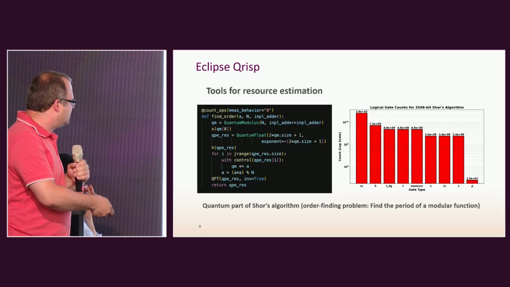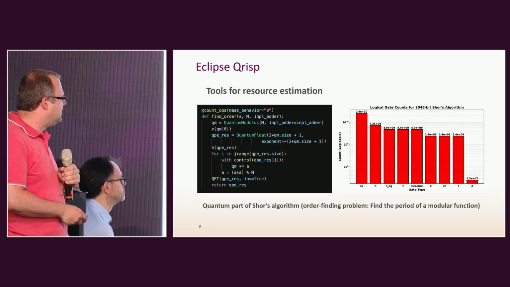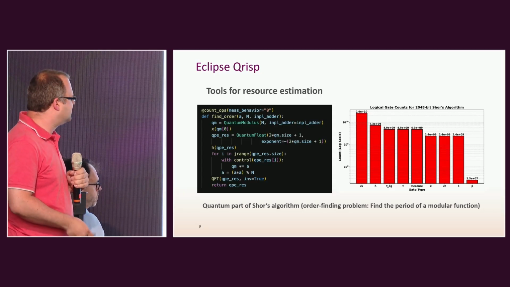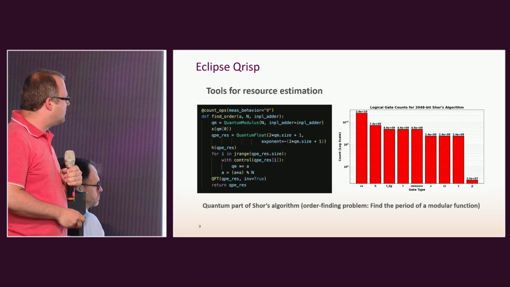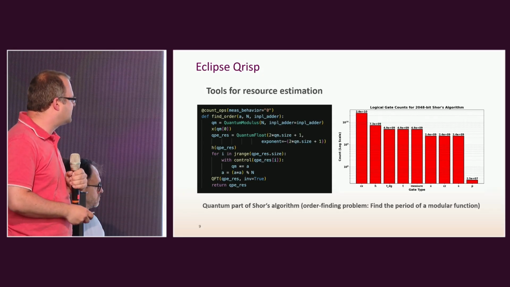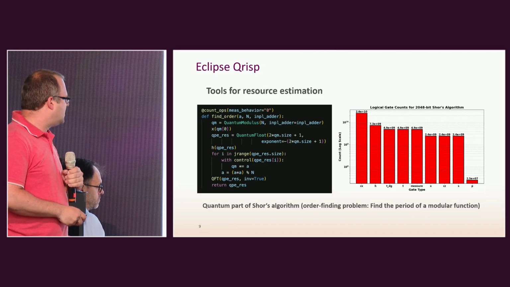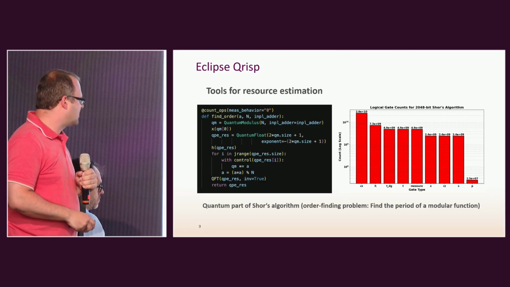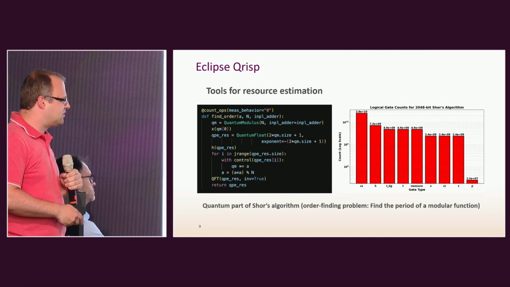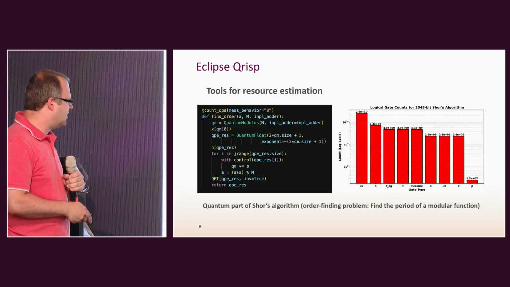And what you see here on the right is the count of all the different gates that are needed for, let's say, relevant key sizes for RSA. So we estimated how costly it is to do the quantum part for a bit size of 2048. And you see, you require an enormous amount of gates, and up to now we are far away from being able to attack a relevant RSA key.